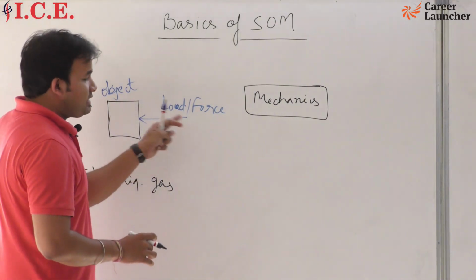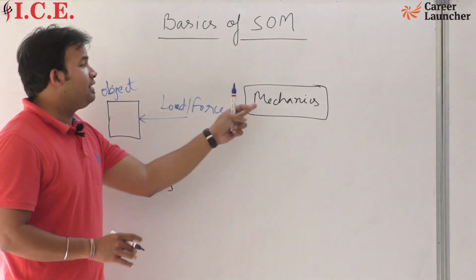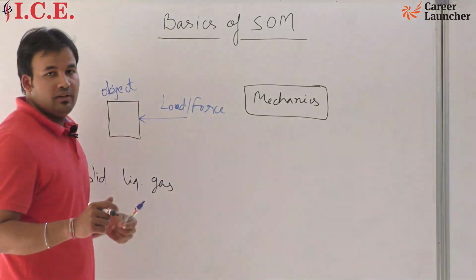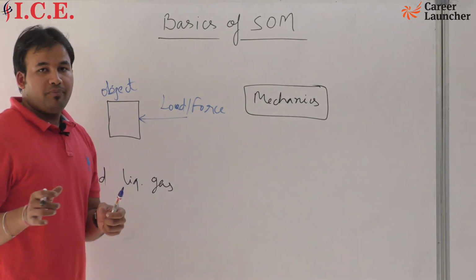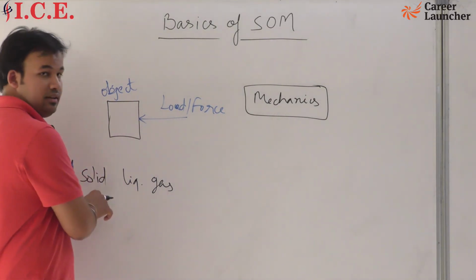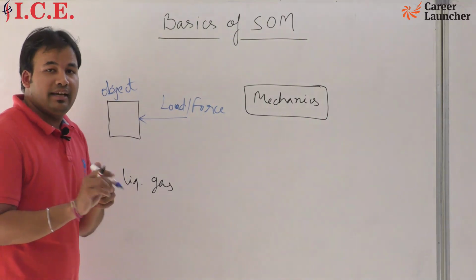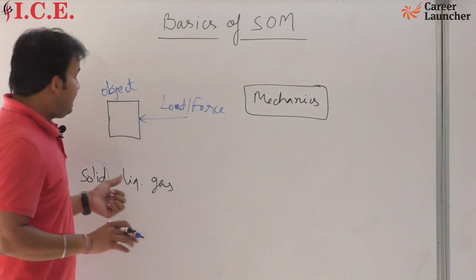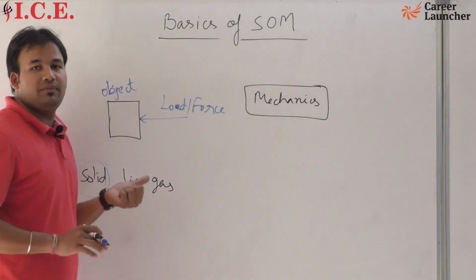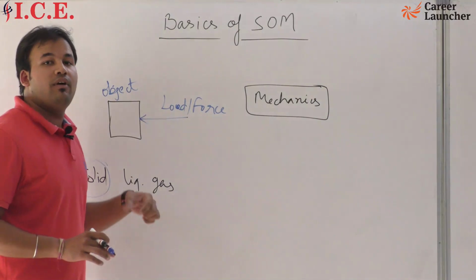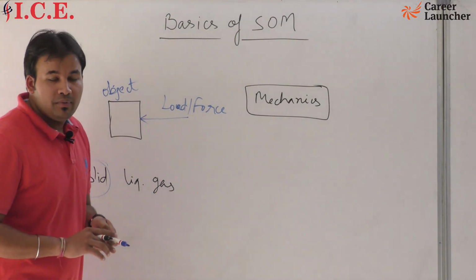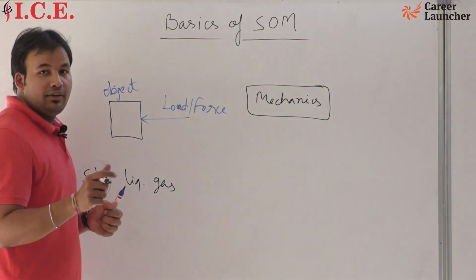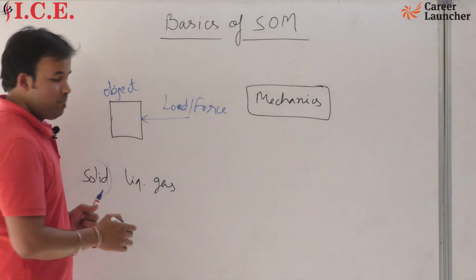When I was explaining the concept of mechanics, one student asked me, okay sir, suppose I am taking the object as a solid, then what will happen? Then I told him, if you are talking about a solid object, you may have two types of solid object.